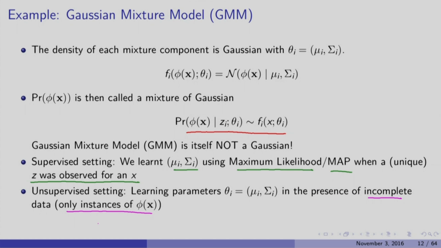At best, we may be told the number of clusters, and with this minimal information we need to estimate the following. We need to estimate the parameters theta i of the different mixture components. This could mean mu i and sigma i in the case of multivariate Gaussian. We also need pi i, the prior probability of a class.